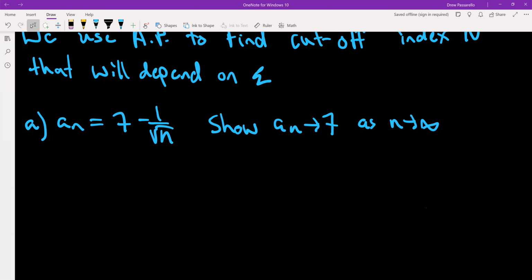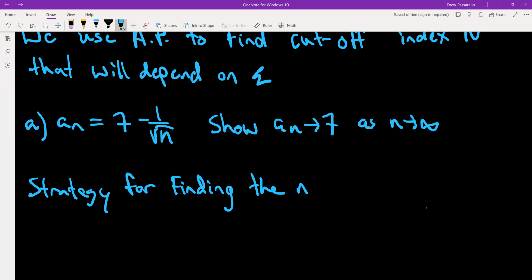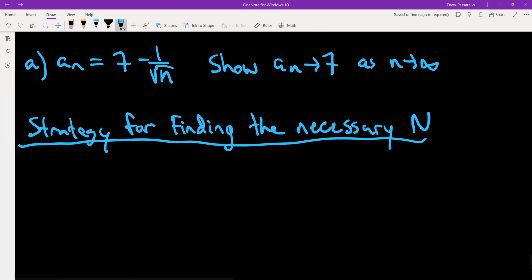So to do that, I'll first come up with the value for capital N. This will be the strategy for finding the necessary capital N, and then I'll do the proof.